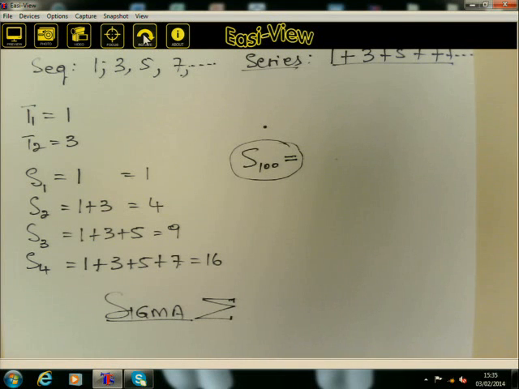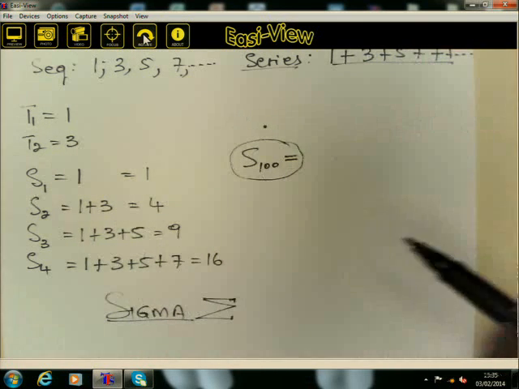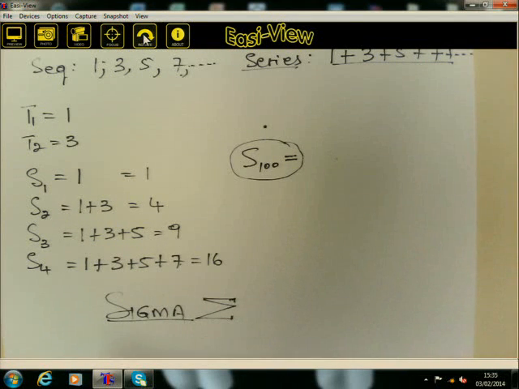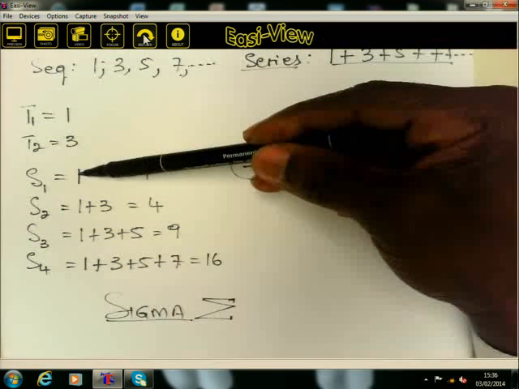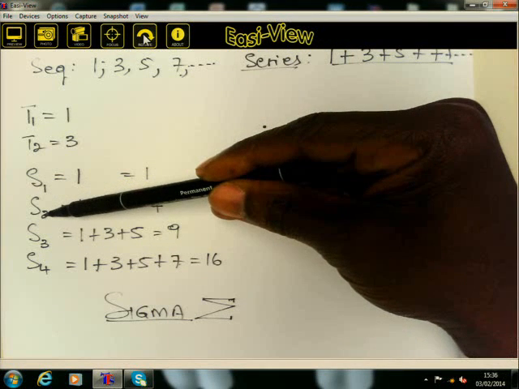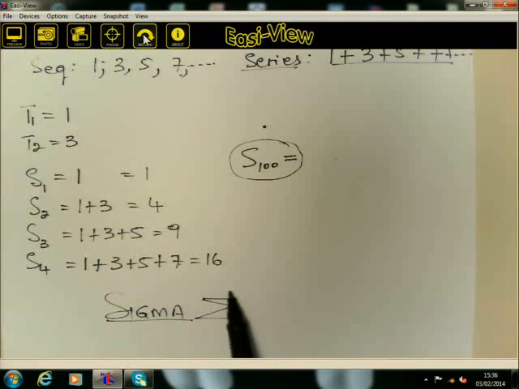It talks about the sum of a series. It is a mathematical symbol that we use to represent the sum. If we have S of 1, the sum of 2 terms, sum of 3 terms, sum of 4, we can represent that by sigma.